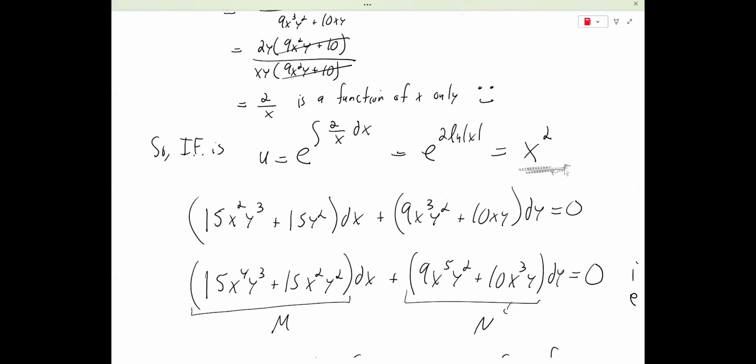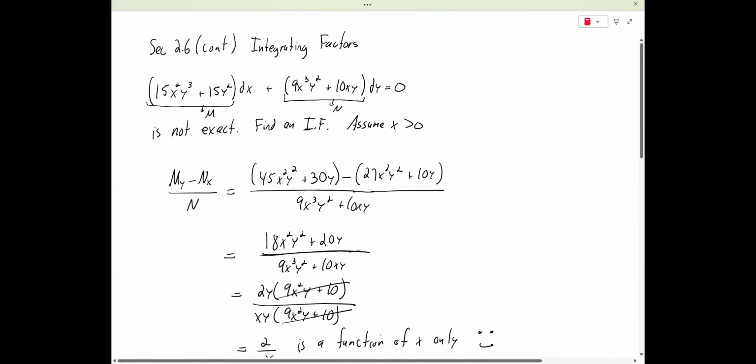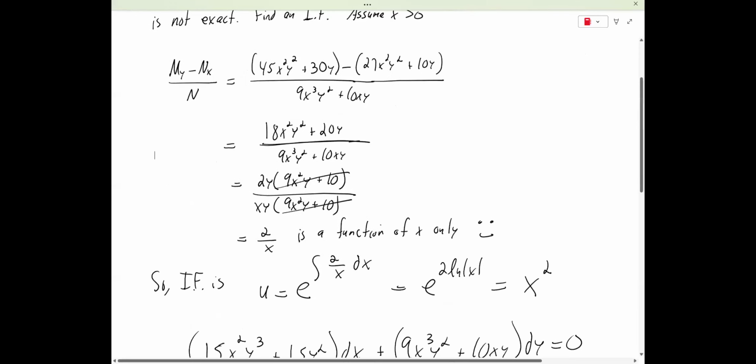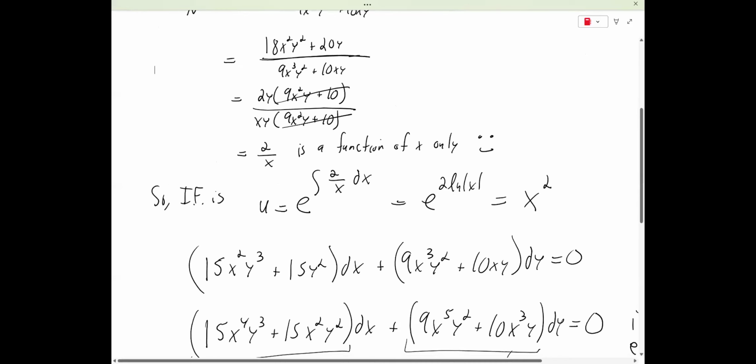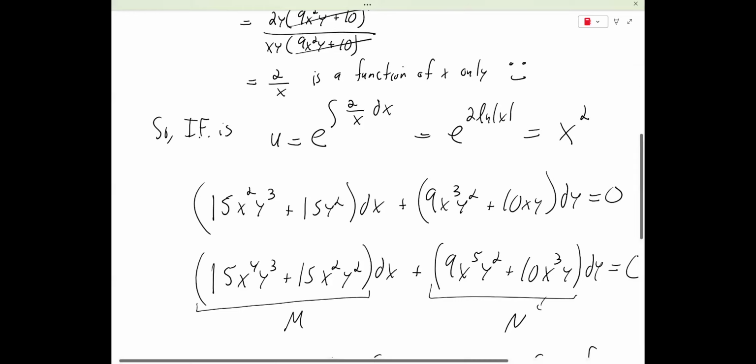I didn't work the problem the whole way through before I started tonight, but I thought it should go okay. 10xy is M sub y, two over x, and that's what I got before when I did that. And this has got to be x squared then. So I'm pretty confident up to there.